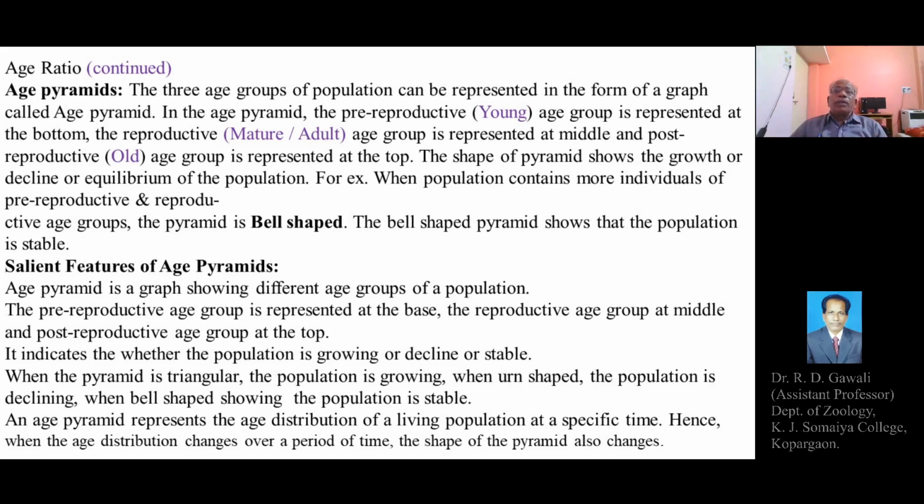The shape of the pyramid shows the growth, decline or equilibrium of the population.